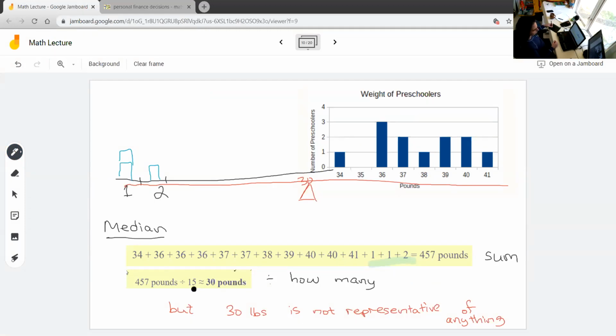We went from 12 to 15, and that made the answer get much smaller, down from 38, which actually looked like something, to 30, which was in between the groups. The preschoolers were all much more than 30. Their toys were much less. So 30 doesn't really show us anything meaningful. We need a different kind of average to deal with this situation.